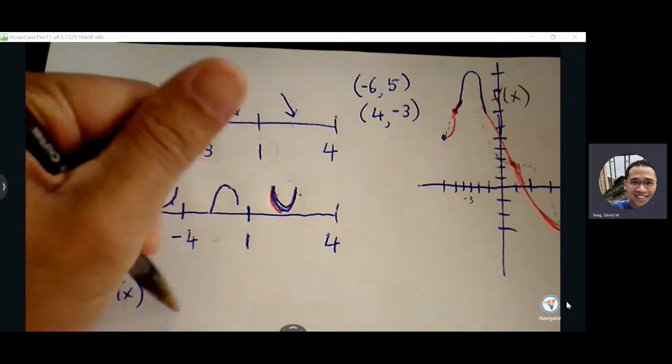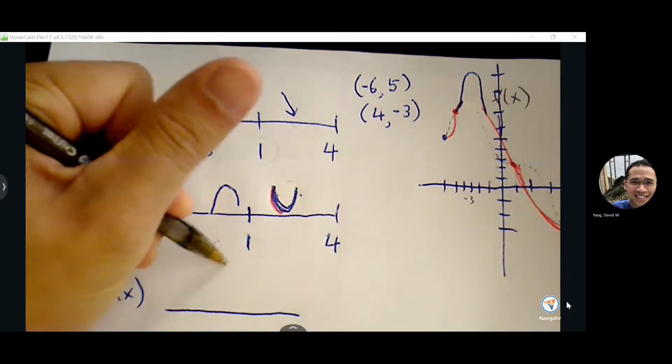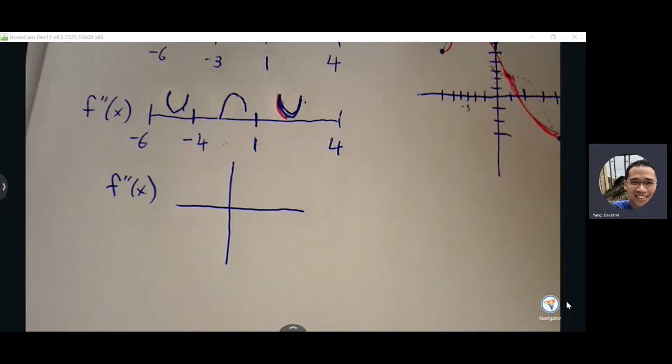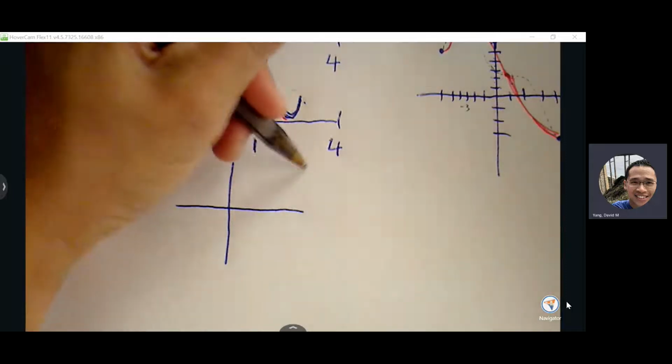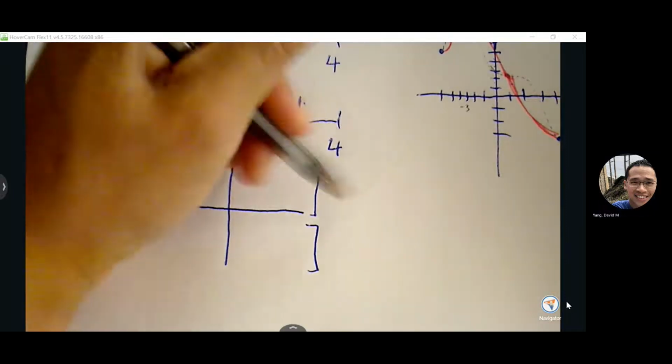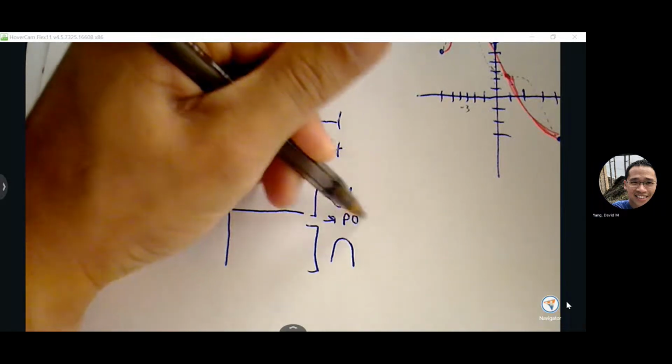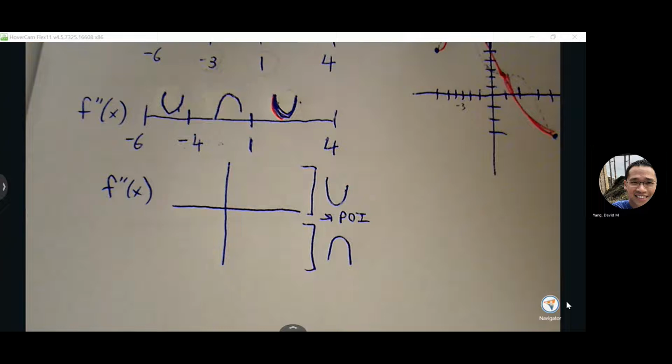Okay, so now the second derivative graph. You only have to rely on the second derivative sign line. But we're going to label so we know where to put things. Point of inflection.